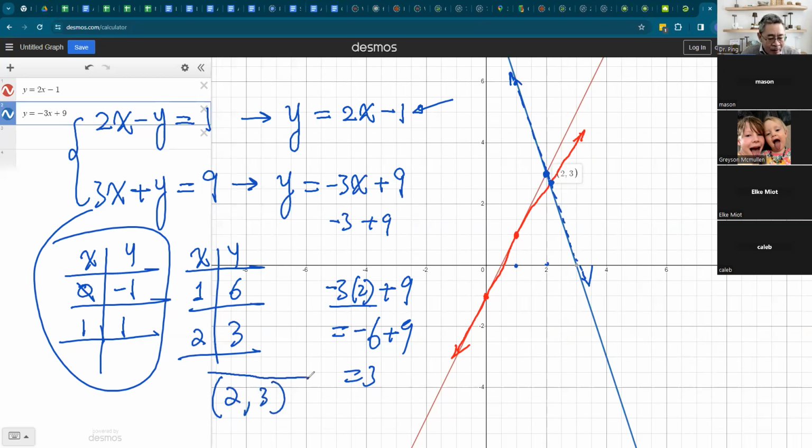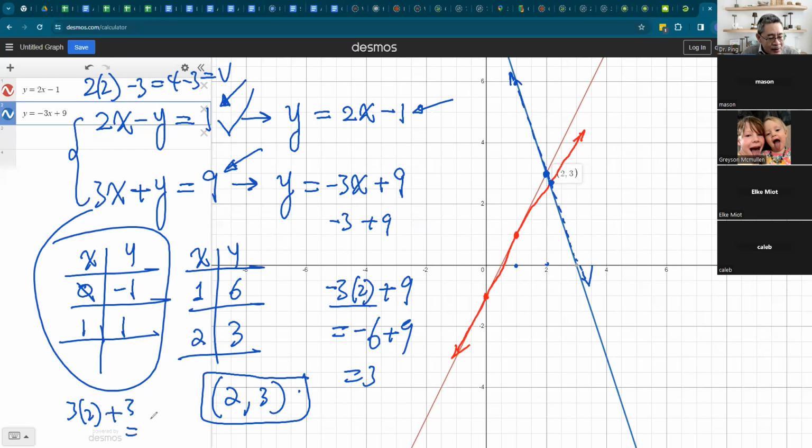And we can also verify it by plugging these numbers into our original equations. So if x is 2, 2 times 2 minus 3, that's 4 minus 3, it is 1. So we check that. On that one, 3 times 2 plus 3, that's 6 plus 3, that's 9. So that works too.